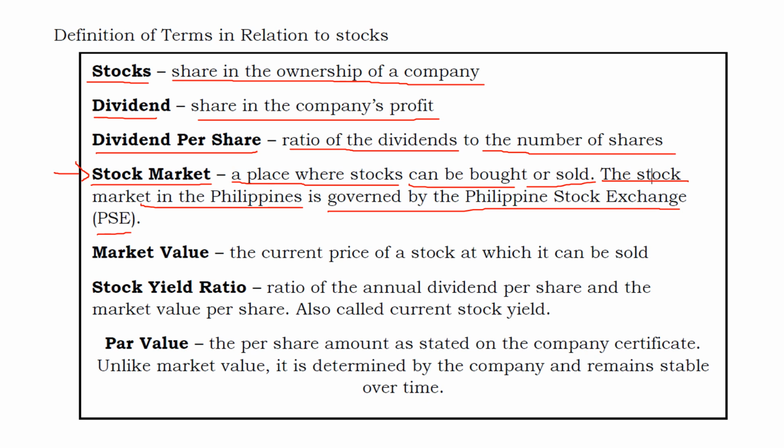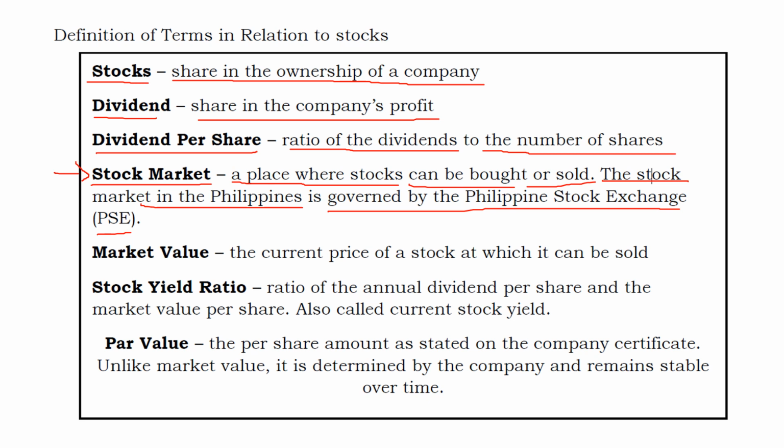That's why we can buy and sell stocks, because they are shares in the ownership of the company. We sell stocks because we want to raise capital, to extend our existing company or to build new businesses. So that's how we define the stock market.